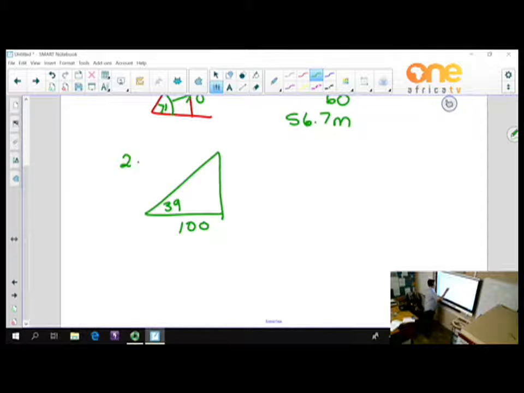And we have to calculate the height of the building. Which method? Tan. So tan 39 is equal to opposite over 100. Which method? Top times. And the answer is 81 meters.